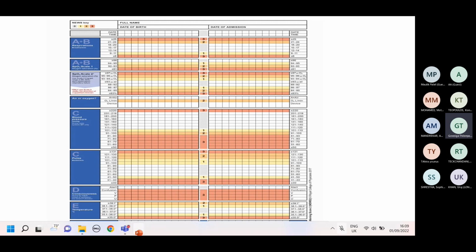A total score of 1 to 4 means a minimum of 4 to 6 hourly monitoring. A 3 in a single parameter means a minimum of 1 hourly monitoring. The registered nurse looking after that patient should inform the medical team and decide whether the frequency of monitoring should be increased or not.